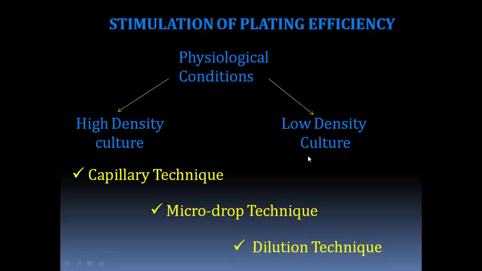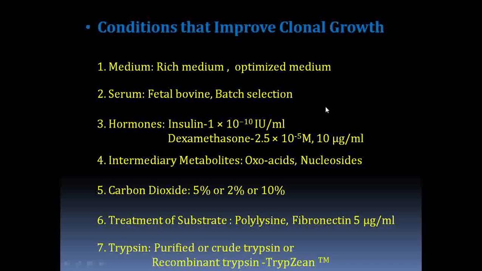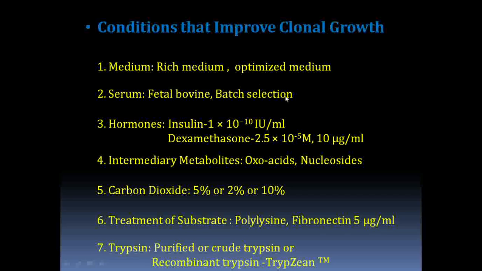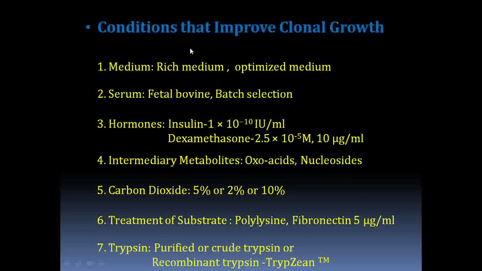So I need to improve those factors to enhance the efficiency of those techniques, to give my plating efficiency in a much improved form. Fine. Those are the different factors that I need to maintain in my culture environment where I am performing cloning, right?